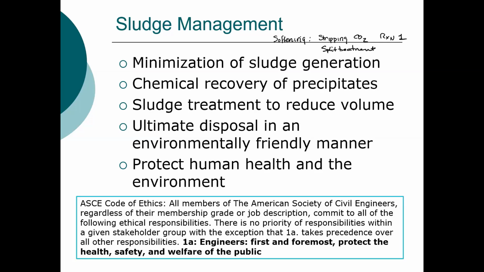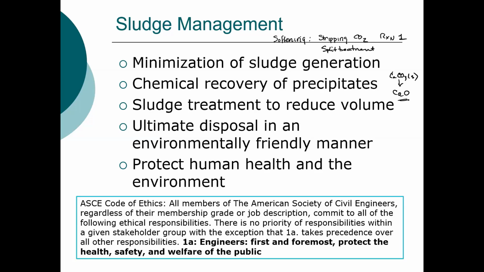If you can recover precipitates and reuse them, there is research being done, for instance, to capture that calcium carbonate sludge that's produced from softening, treat that to produce lime, so basically to strip off that CO2, and then reuse this in the plant.